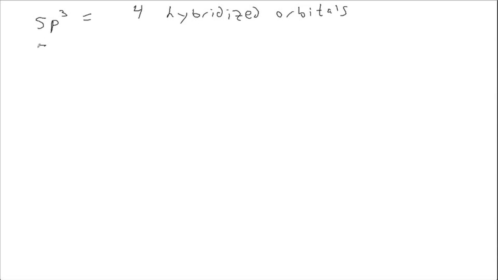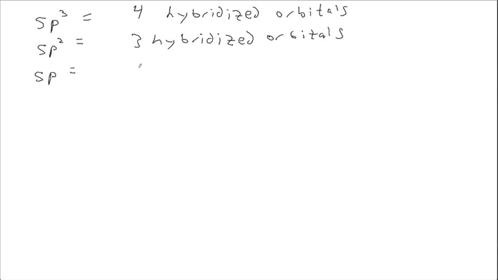Okay, so let's try another example. If an atom is sp2 hybridized, what's the number of hybridized orbitals? 3. One s orbital and 2 p orbitals makes 3 overall. And the other type of hybridization that's covered in OChem is sp hybridization. So what's the number of hybridized orbitals here? One second.